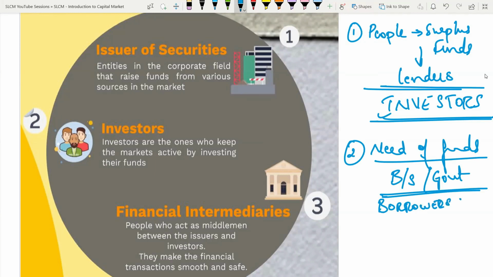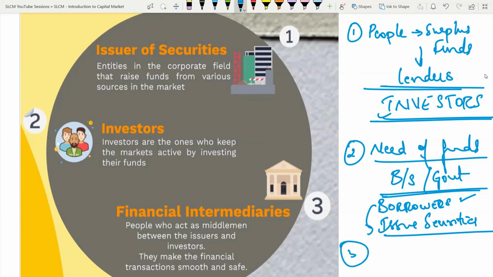But because they are borrowers and the investors are investing money, they are going to issue securities for the investments being made by the investors. So they are called issuers of securities. Their primary role is borrower. They are borrowing the money from the investors, but they are also issuing securities in lieu of the money they have received from the investors.